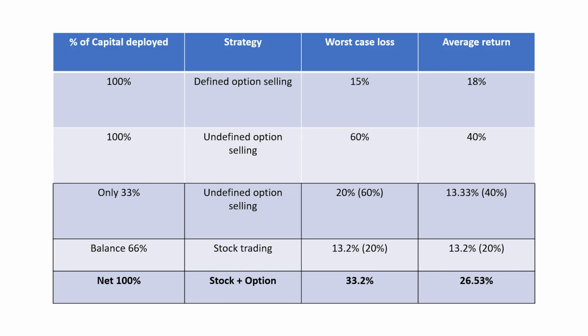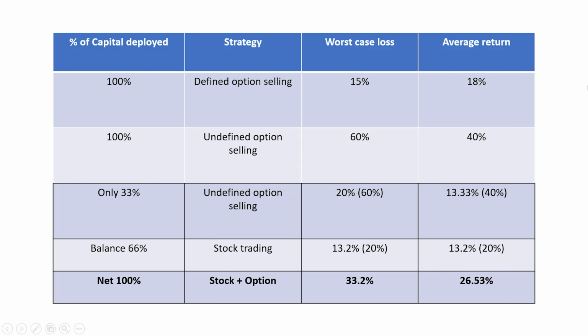Undefined option selling at 100% is not even an option for anyone, because the worst case loss is 60%. It is unbearable. So if you want to trade undefined option selling, you can consider this 33%, that is one third in undefined option selling and two thirds in stock strategies. With this you can yield a decent return with a worst case of one third of your capital.